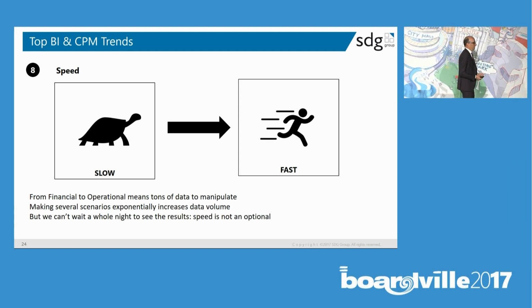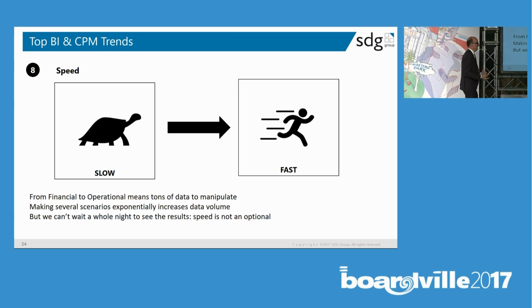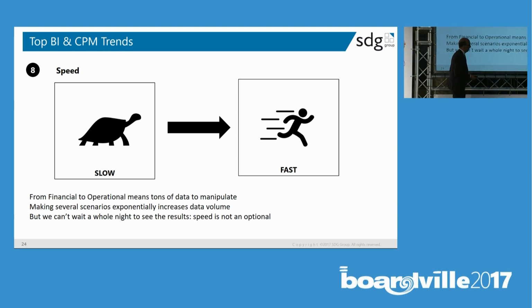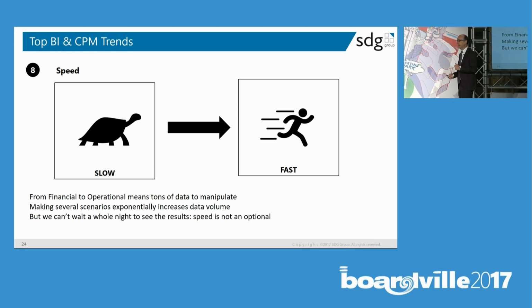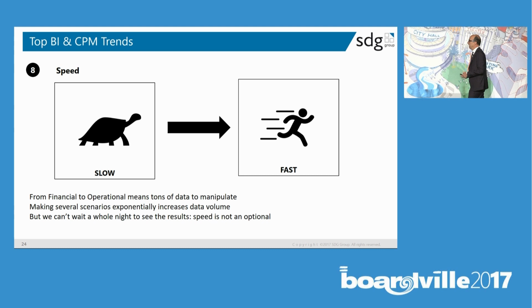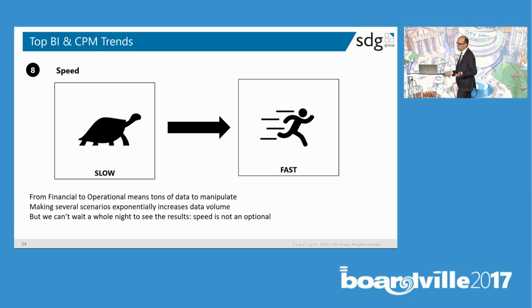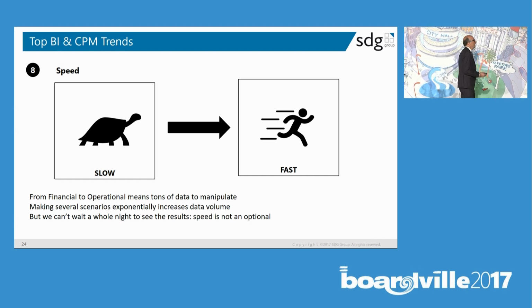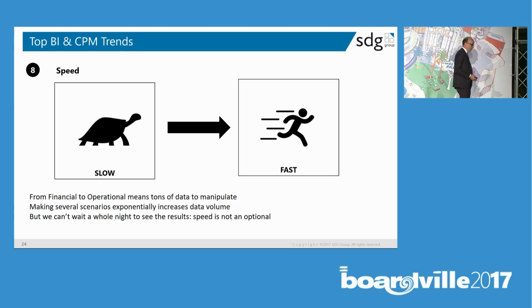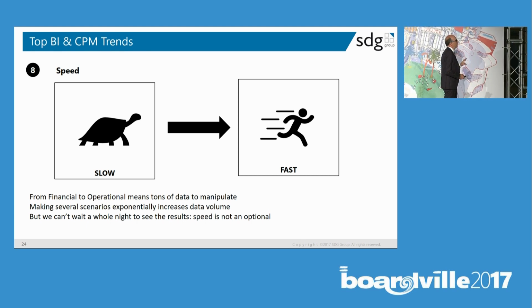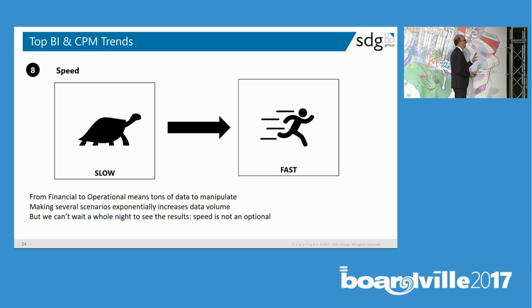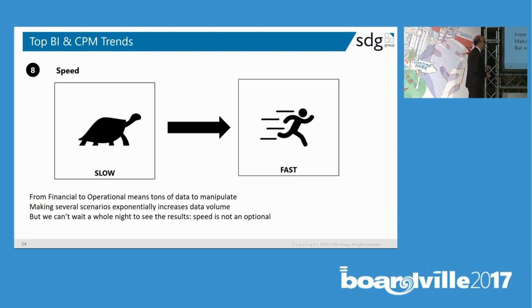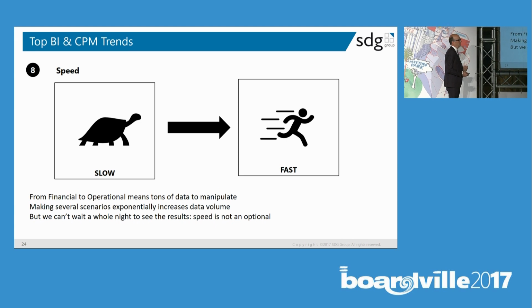But if I have a CPM solution that has a cube based on day, customer, suppliers, item, SKU, and I want to make different scenarios on this, then the data increases exponentially. So the speed of the system is central.